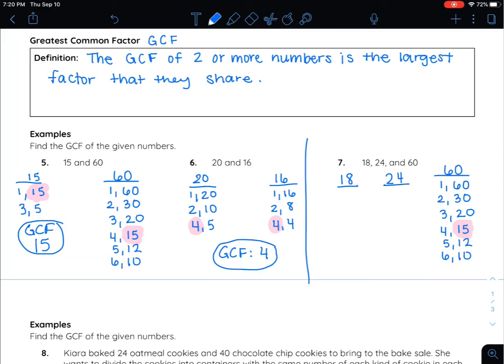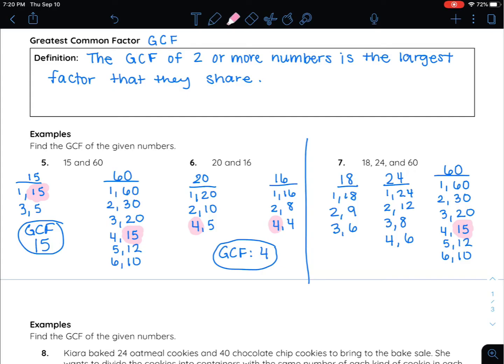That's going to be 1 and 18, 2 and 9, 3 and 6, 4 doesn't work, 5 doesn't work. We already said 6. Okay, let's try 24. 1 and 24, it's even, so 2 and 12, 3 and 8, 4 and 6, and then 5 doesn't work, and we already said 6, so that means we're done.